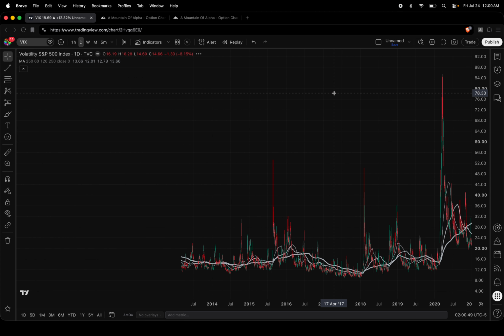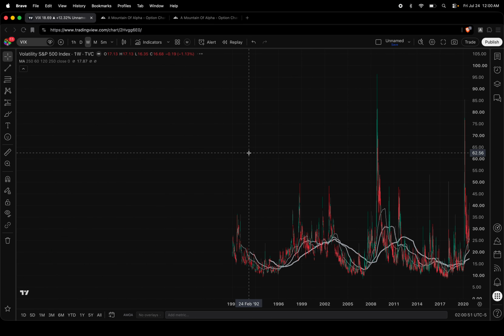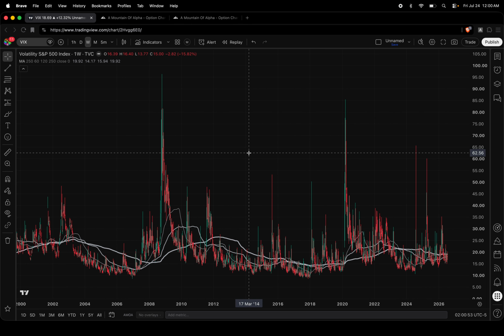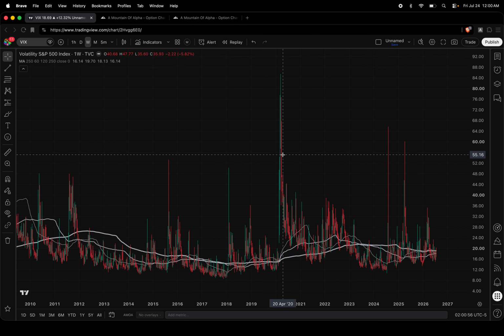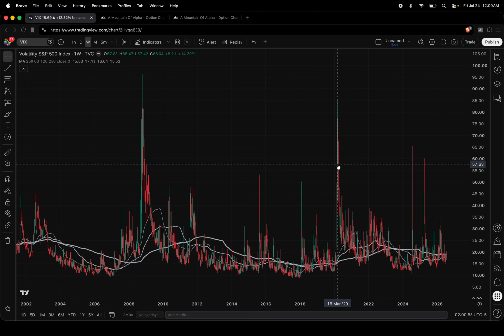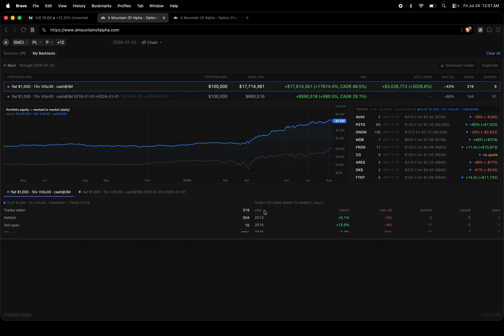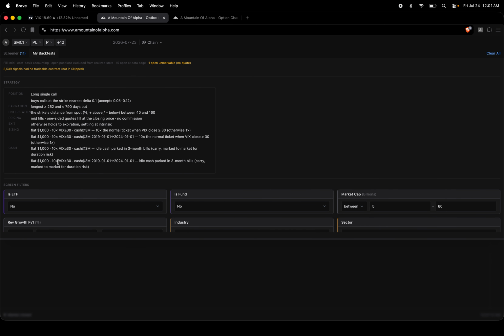And the backtesting, not the bot, doesn't know that when you're up in the 60s up here, the probability a year or two out from now is that it's just not going to be 60 anymore. So what I'm saying is that a human, instead of this hard-coded backtesting where it's like, I'm going to do 10x when VIX is above 30, well, you're not going to put all your trades on a single day.